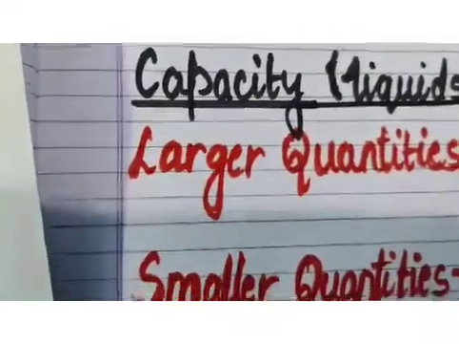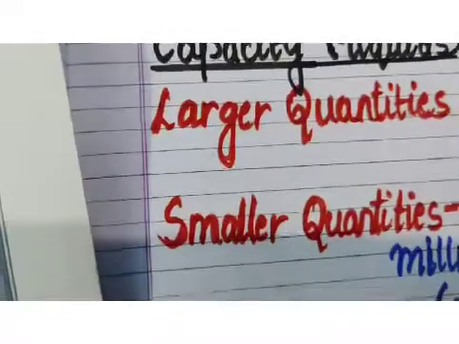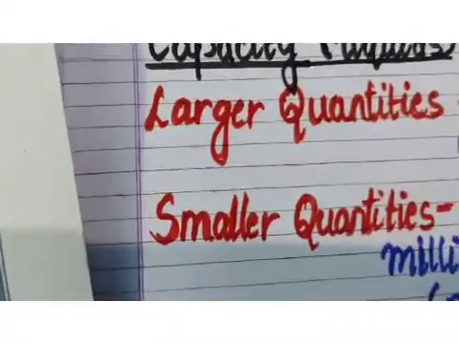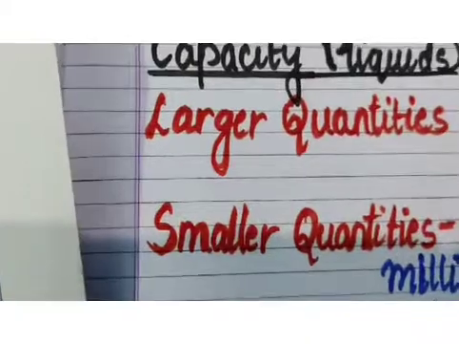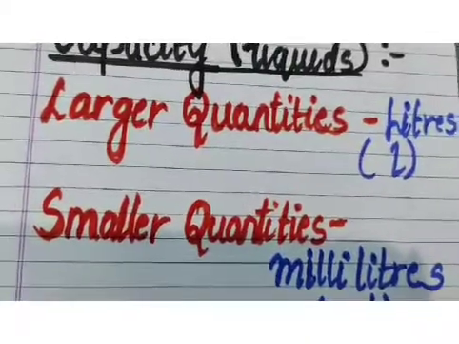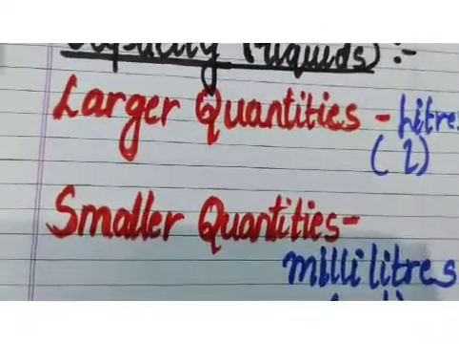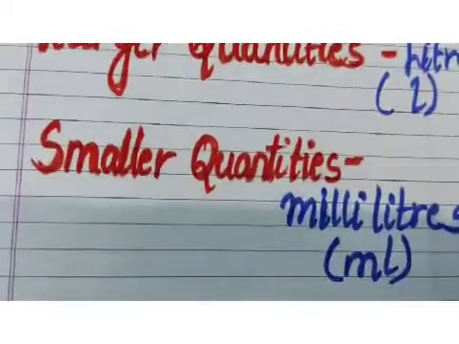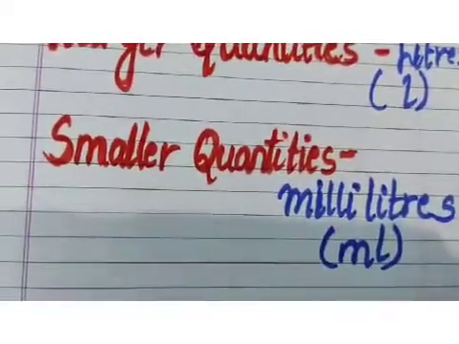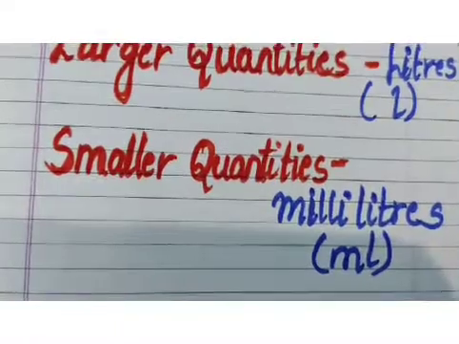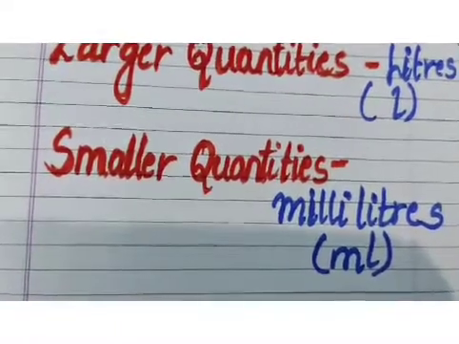The common units for measuring capacity and volumes of liquid are: for larger quantities we use liters represented by small l, and for smaller quantities we use milliliters represented by small m and l.